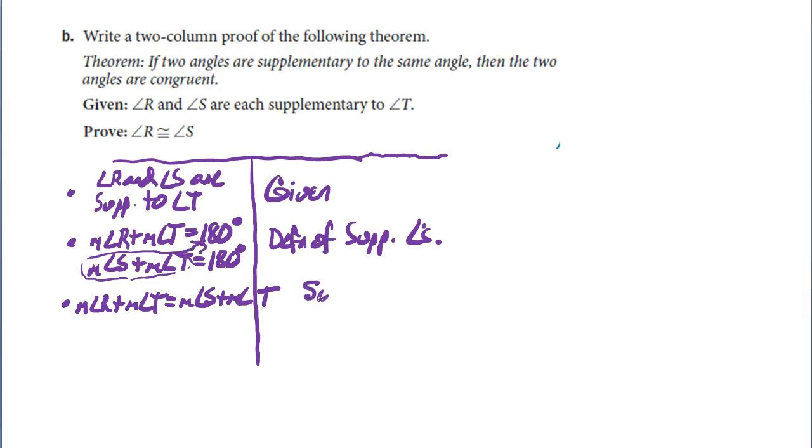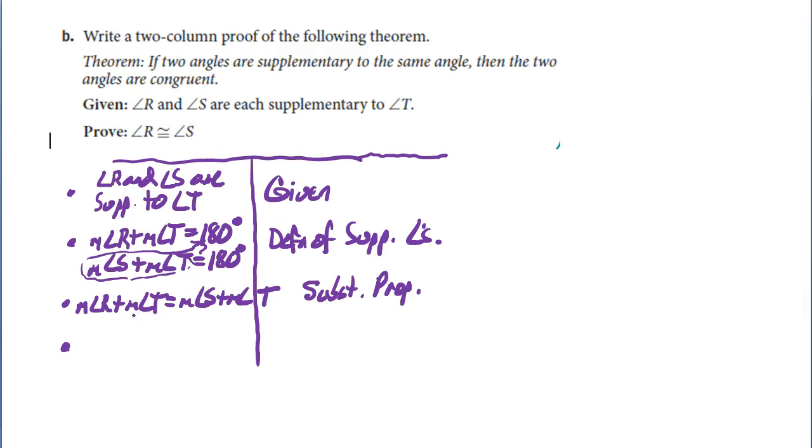So this is the substitution property. The reason that that's helpful is because it creates a math equation. Remember that measures are numbers. So that opens up the whole realm of algebra properties to us.